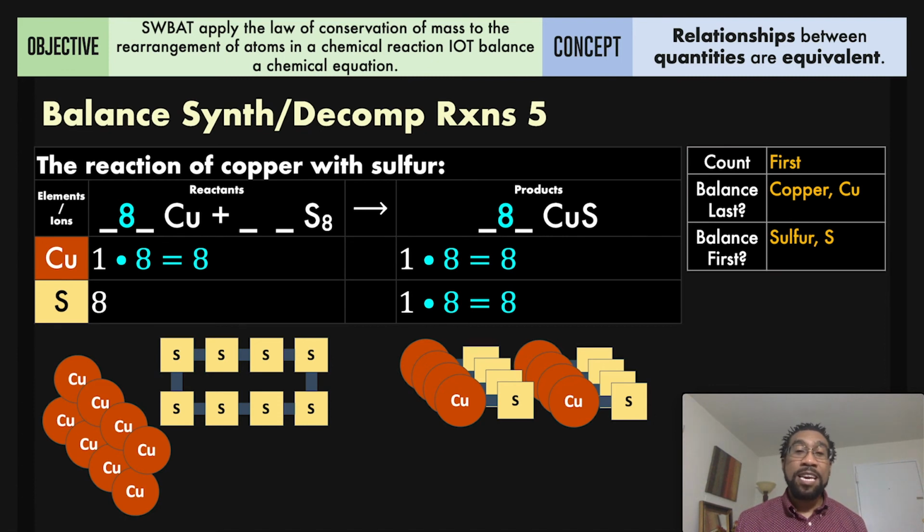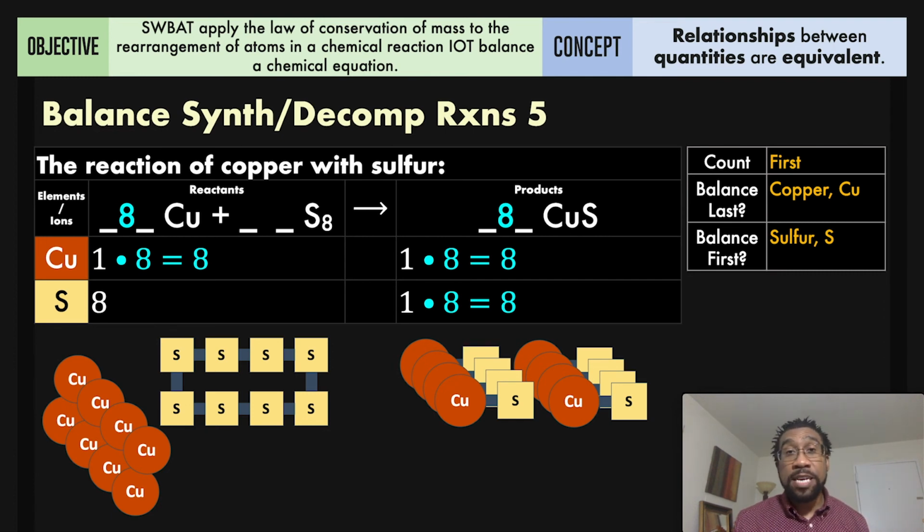We need 7 more copper atoms, but we multiply by 8 to get the 8. And so now that I've balanced the copper, I'm actually done with the problem. That is how I know that I'm done, when I have correctly balanced the last element that I listed in this table, which is copper.